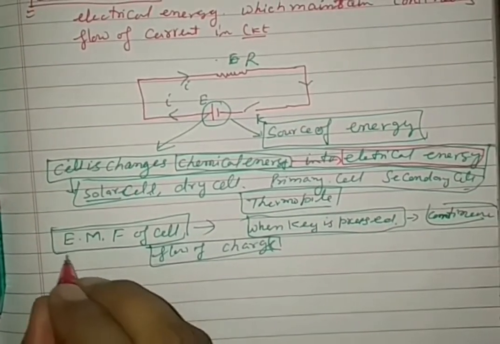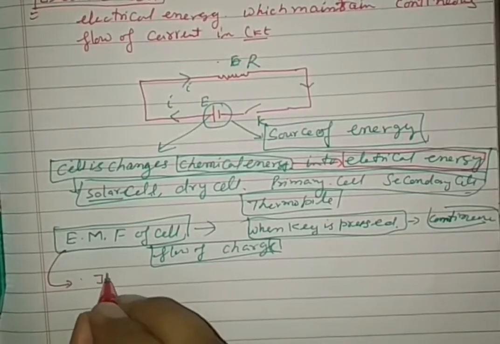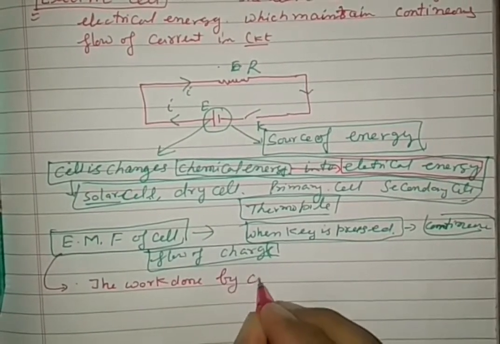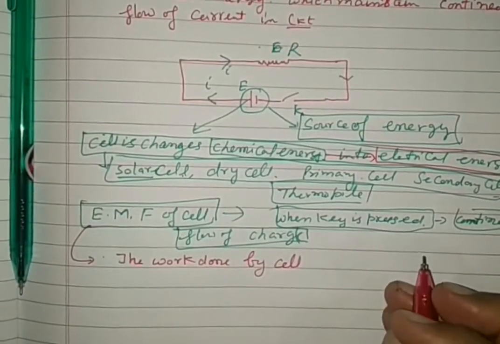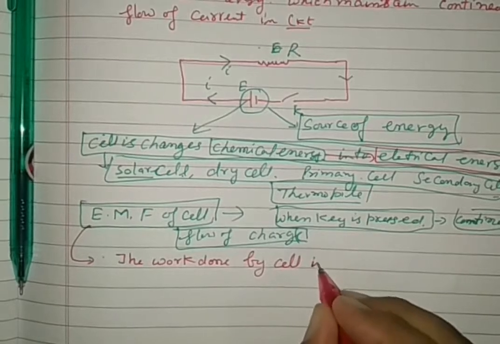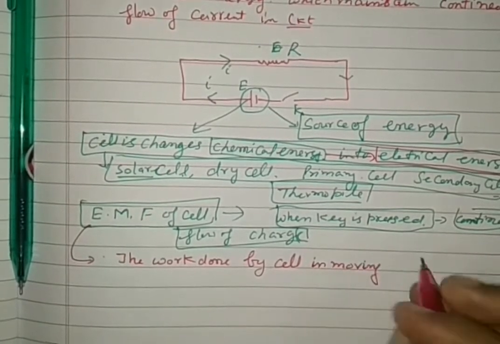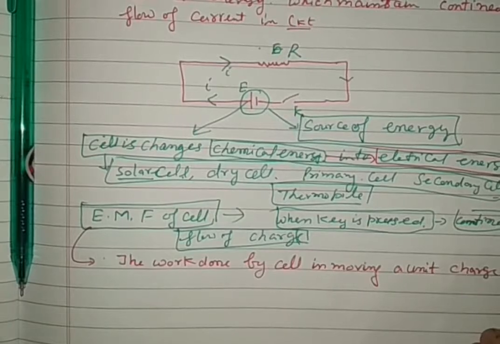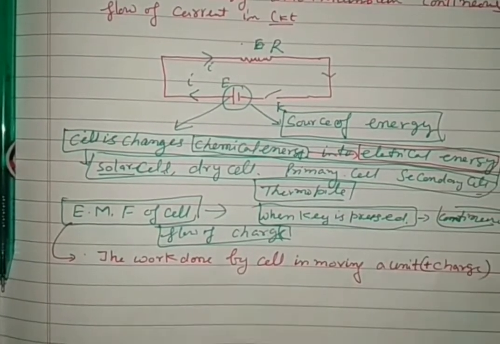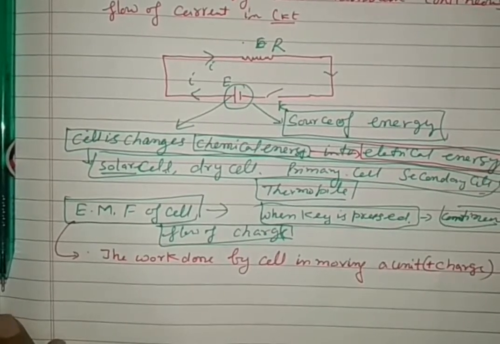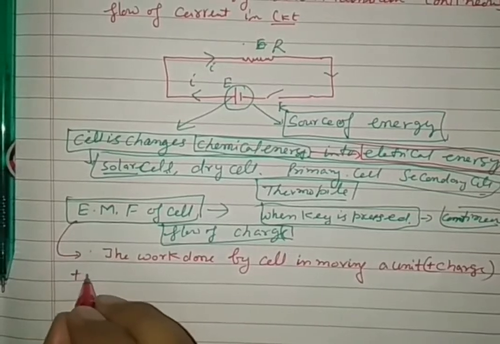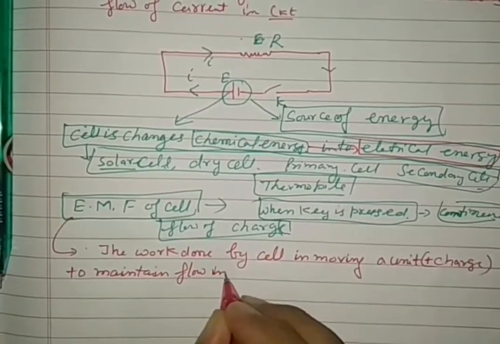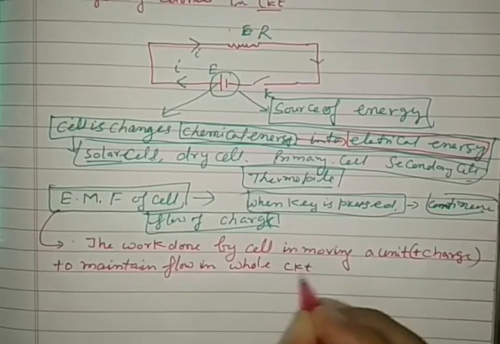So in the concept of EMF, it is the work done by the cell in moving a unit positive charge to maintain flow in the whole circuit.